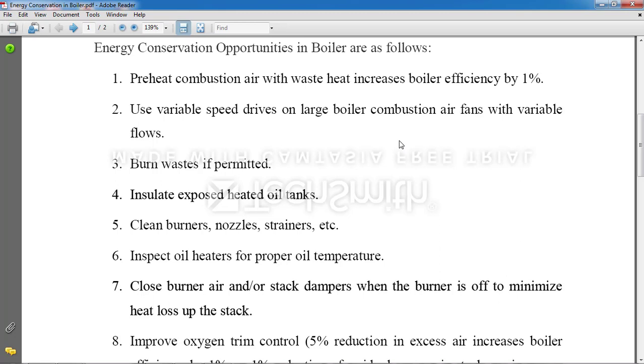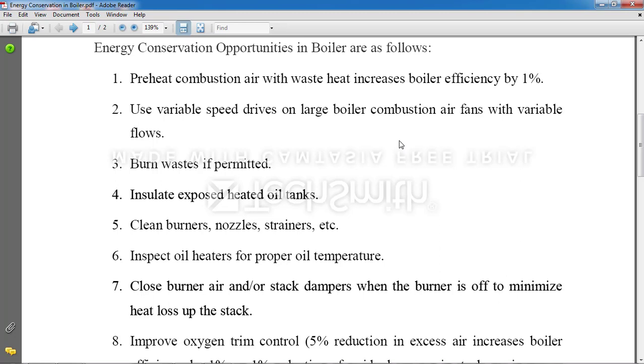So heating will require air and coal. Definitely, if the air is already heated, it will increase the rapidness of the process, and definitely the energy will be conserved.